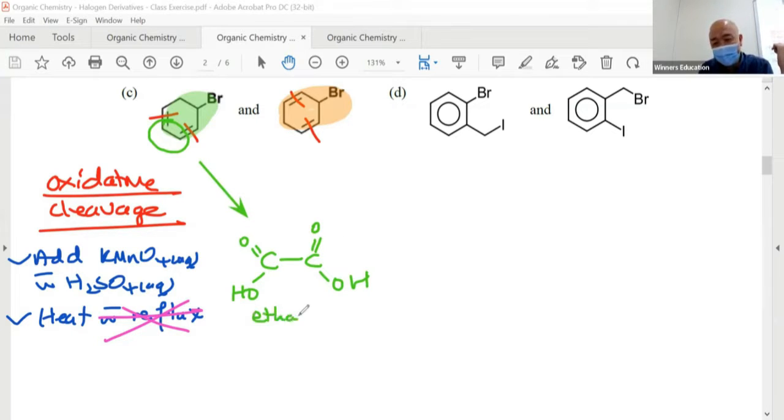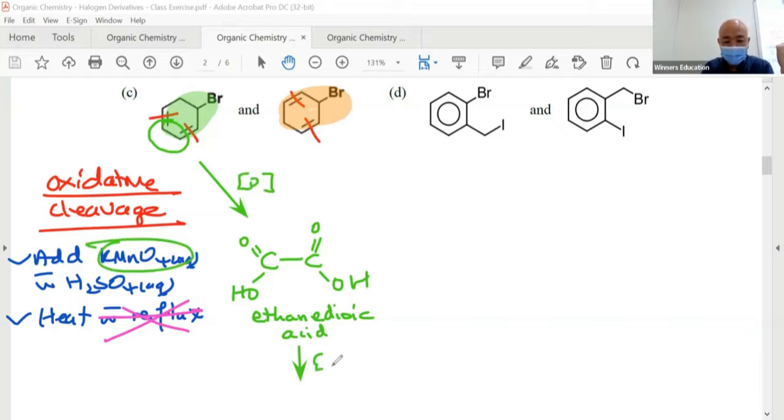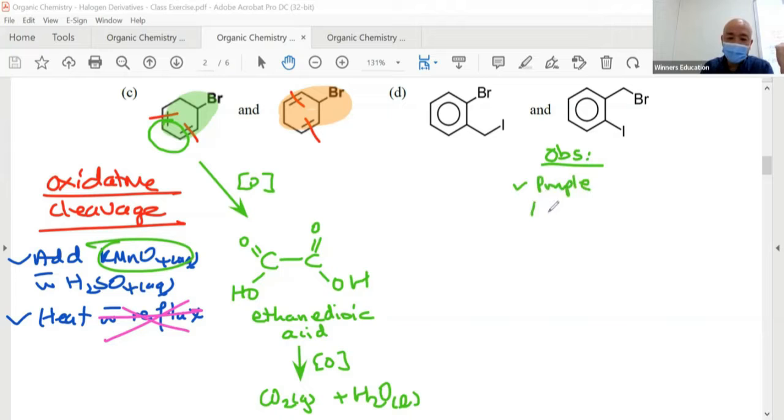It's called ethanedioic acid, which is very special. Why special? Because it will further oxidize in the oxidizing agent to form CO2 and H2O, which means I already know my observation for the green. Purple KMnO4 will decolorize, and there is effervescence due to CO2.